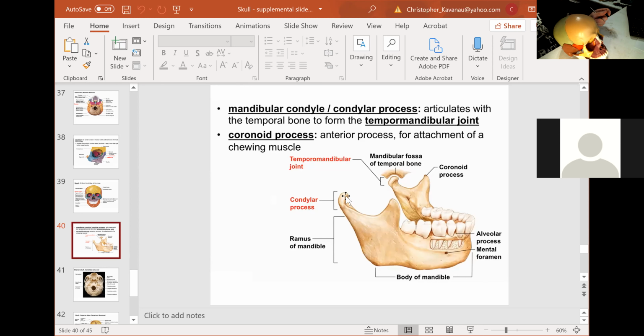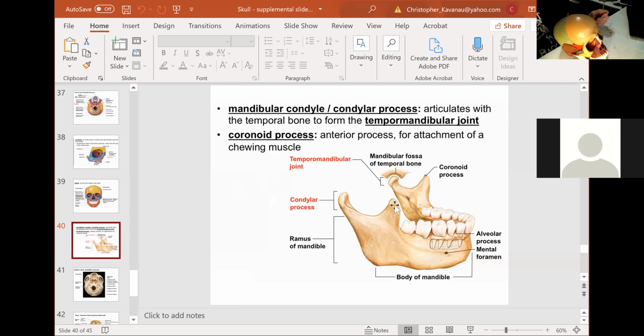Why? Because it's proceeding away from the mass. You think of the mass of the mandible, and it's a structure proceeding in another direction. That's what we mean by process. So it's also known as the mandibular condyle, and it forms part of the TMJ, the temporomandibular joint.